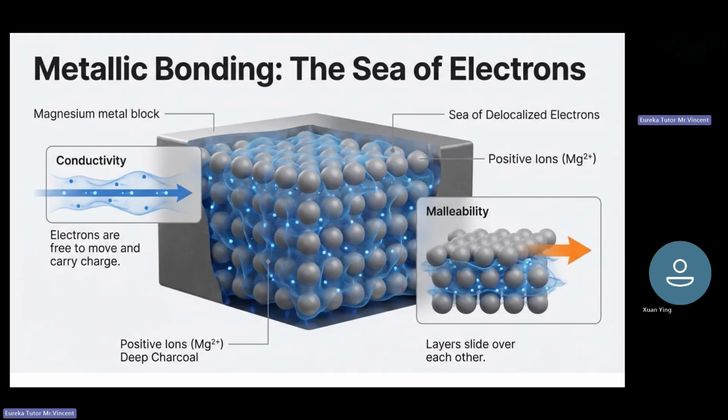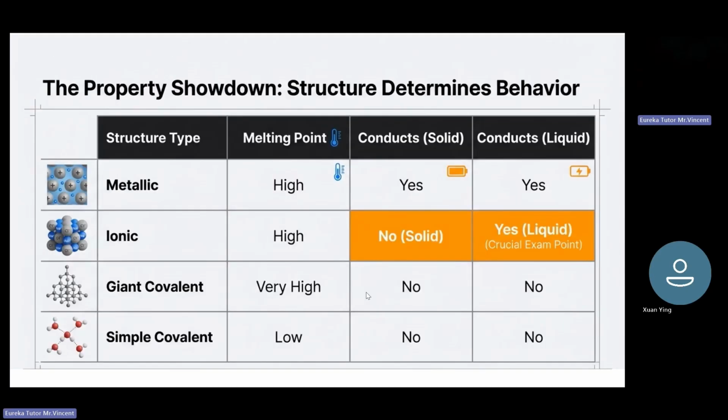And then the sliding layers explain the malleability. Here we can see a few concepts. First, free electrons explain why the metal conducts electricity and heat. And then malleability means that the layers slide over each other, so the sliding layers are used to explain malleability.